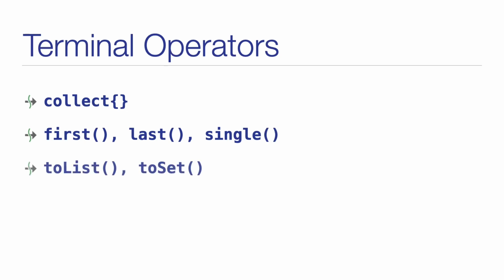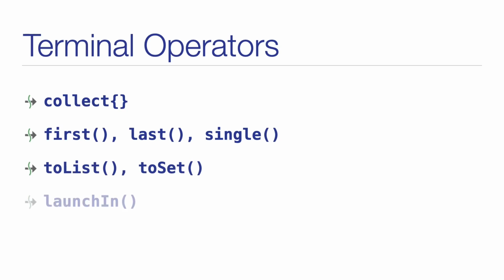Other terminal operators are first, last, and single, which, as the names say, only collect the first, the last, or the single emission. Then there are the two operators toList and toSet, which wait until the flow completes and then convert the emitted items into a list or a set.